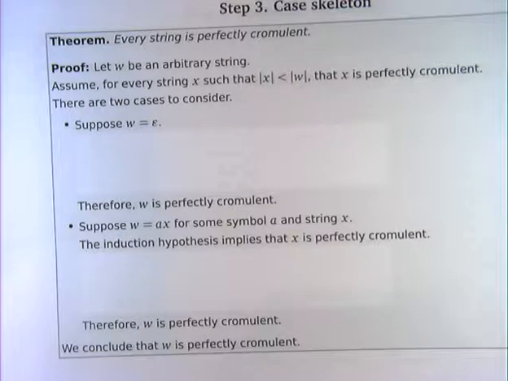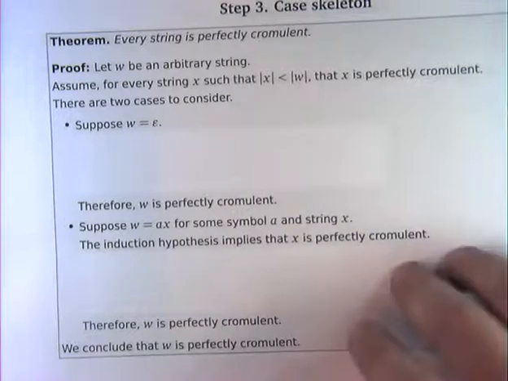The same is true here. I want you to write these things down so that the mechanical parts of writing down an induction proof are in your hands, not in your brain, so that you can free up your brain to do other things. Okay?